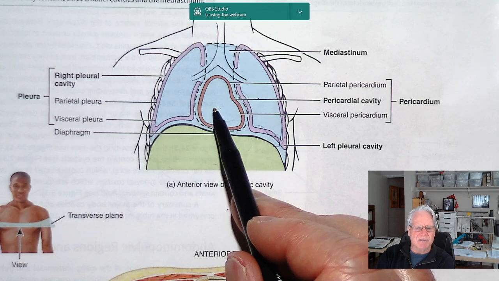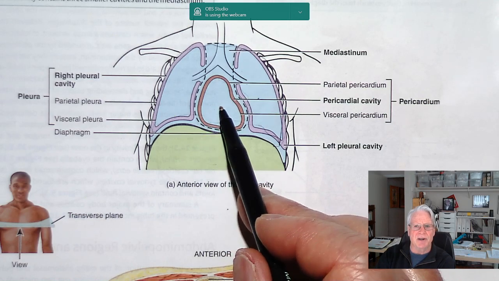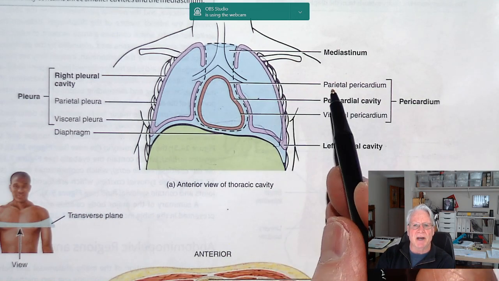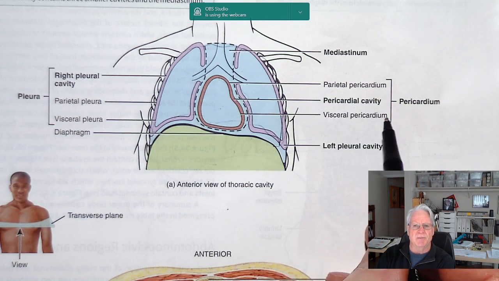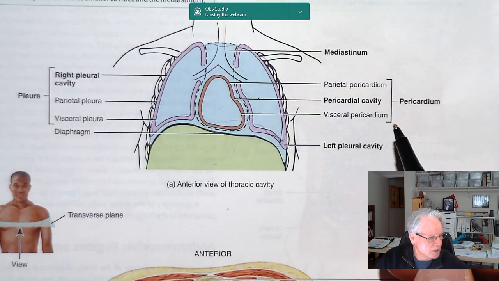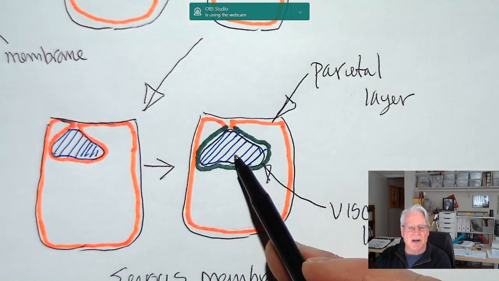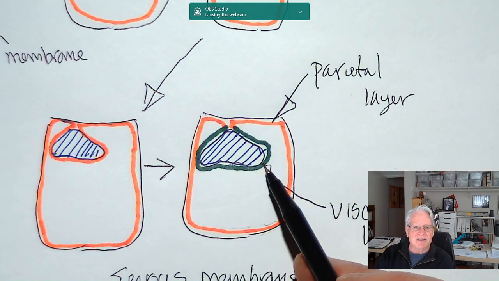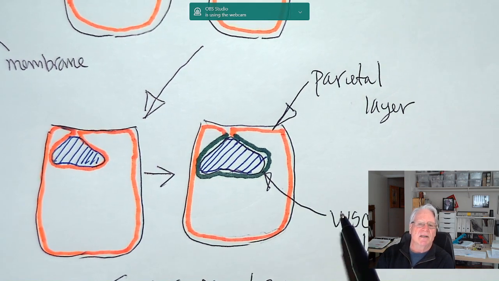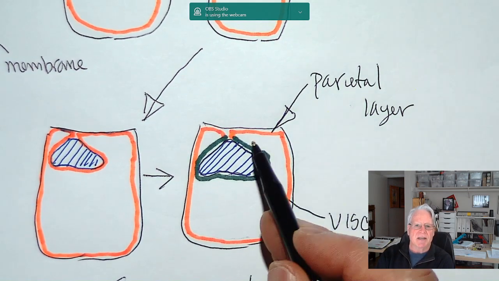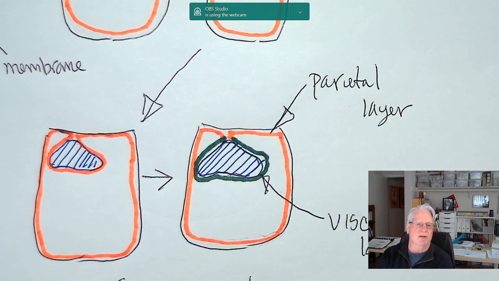And because it is the heart, it's the pericardium. So it's the parietal pericardium and the visceral pericardium. Going back to our image, if this, in fact, was the heart, then this layer would be the visceral pericardium, and this layer would be the parietal pericardium.